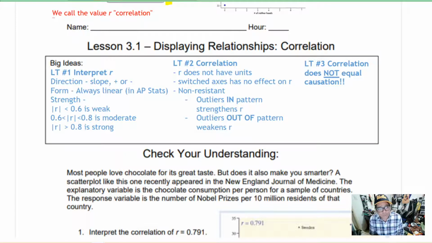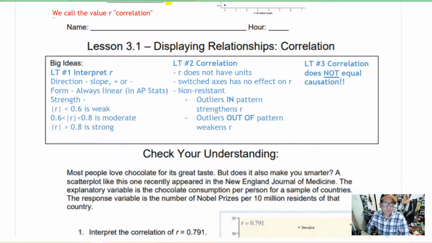If the absolute value of R is less than 0.6, you would say that you have a weak relationship. If your absolute value of R is somewhere between 0.6 and 0.8, you would say you have a moderate relationship. And anytime you have the absolute value of R greater than 0.8, you have a strong relationship.